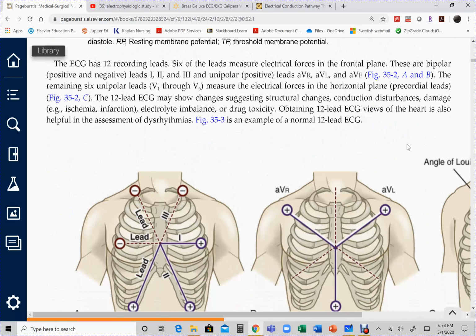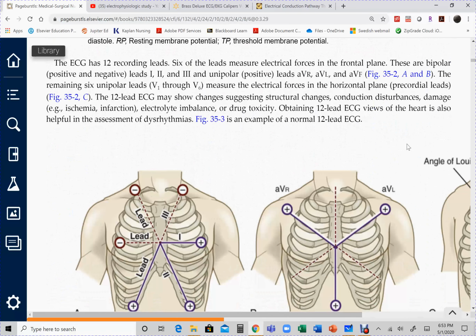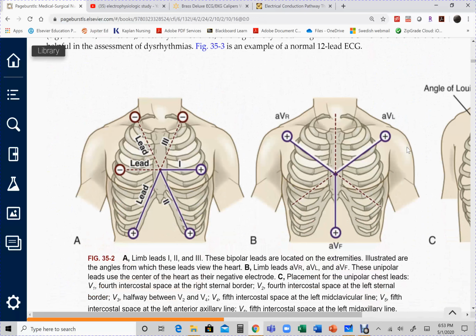The most common ECG, or the minimum ECG in order to diagnose dysrhythmia, is a 12 lead EKG. This is standard. When we say 12 lead, lead has 2 meanings here. When we say 12 lead, the lead there means view.